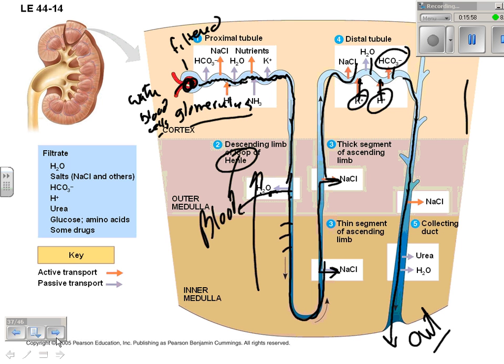Okay? All those collecting ducts drain into this part of the kidney called the renal pelvis, because it looks like one. This tube is going to the bladder. The bladder is going to the outside. Okay? Millions of nephrons in your kidney performing that function.